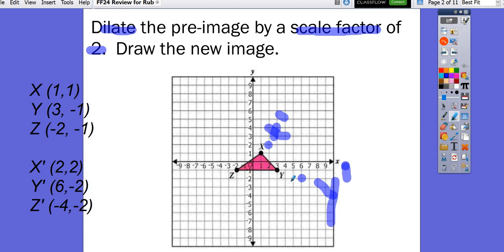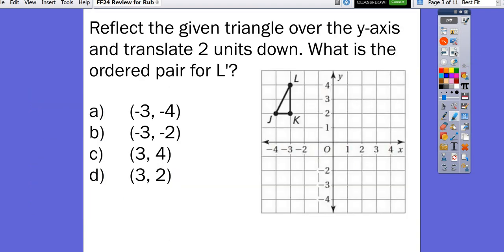Okay. There you go. And Z is -4, -2. So it's Z prime. So those 3 points are plotting my new image. All right. So let's go on to the next page.